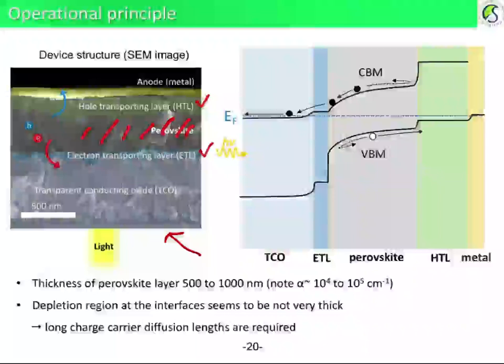The photogenerated electron is transported through the electron transporting layer, and the photogenerated hole is transported through the hole transporting layer.